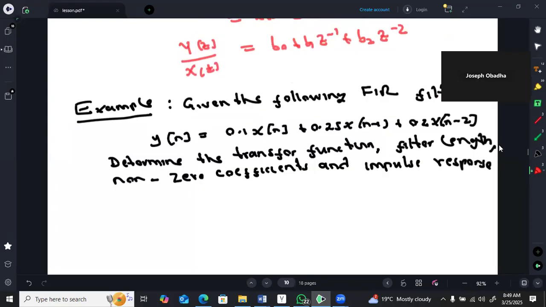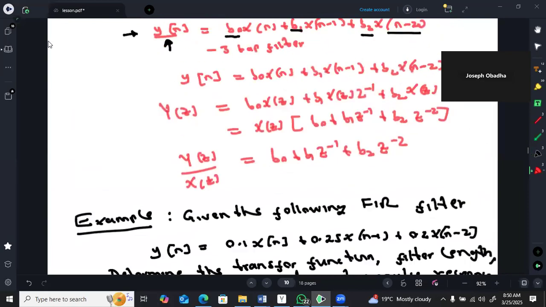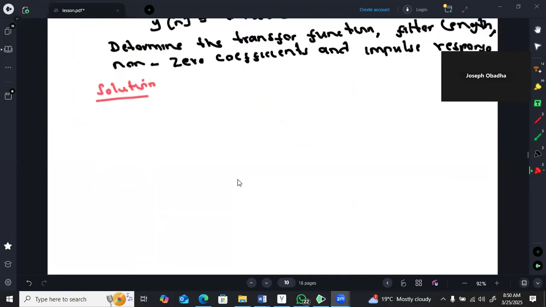So to determine the transfer function, we simply need to get the Z transform of both sides of the filter.